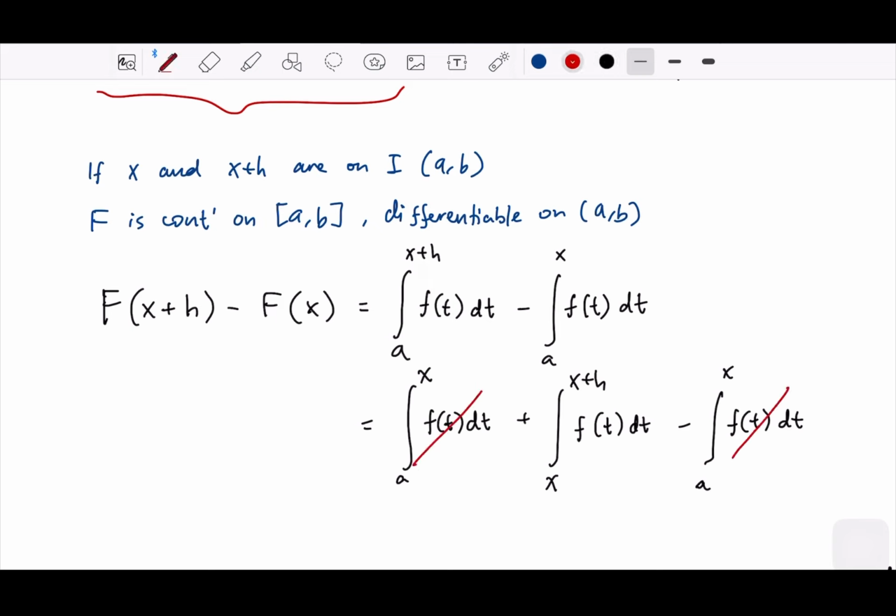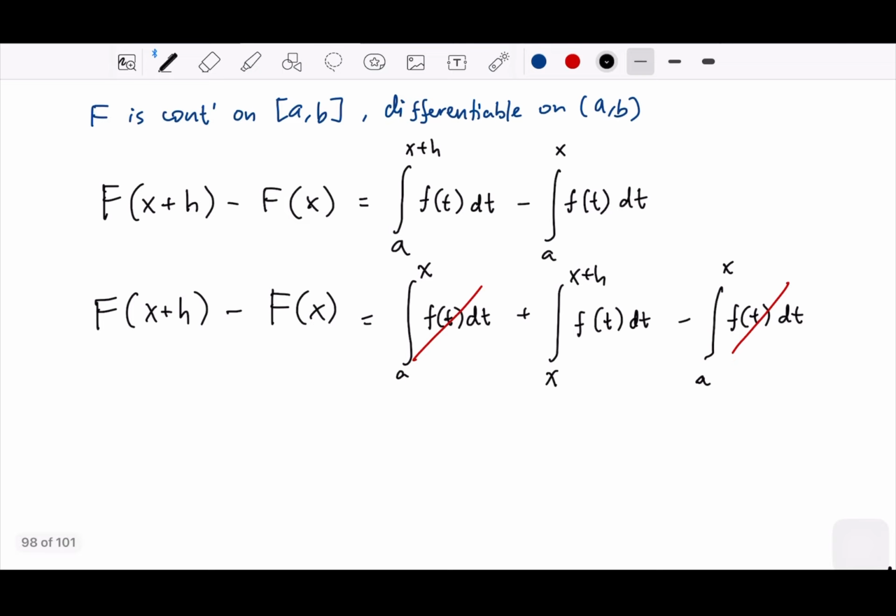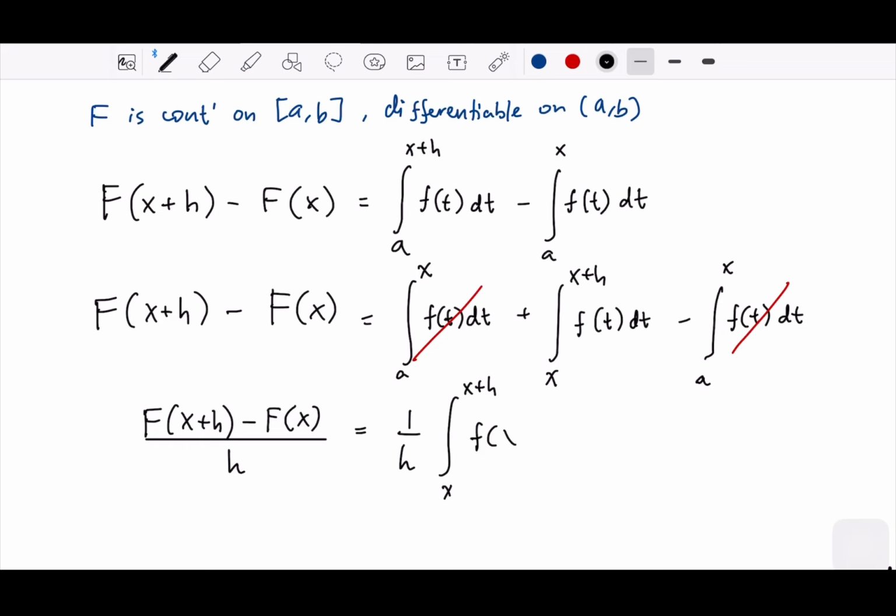And then if we divide by h, we will have 1 over h integration of x to x plus h of f of t dt.